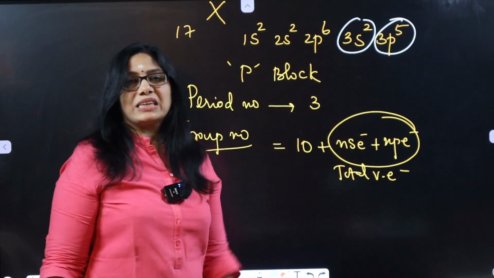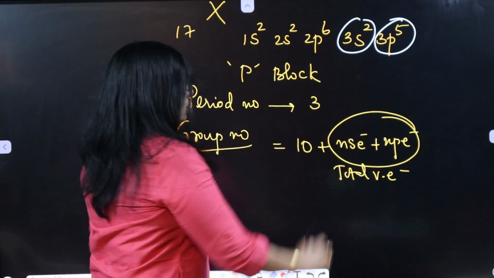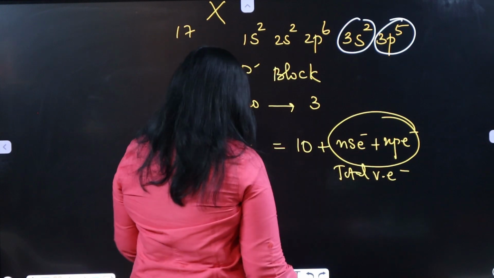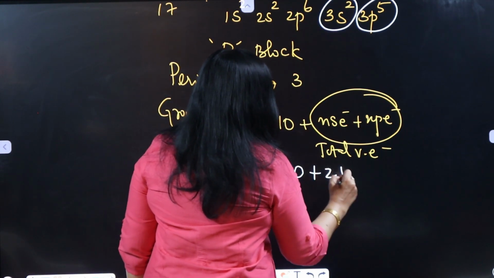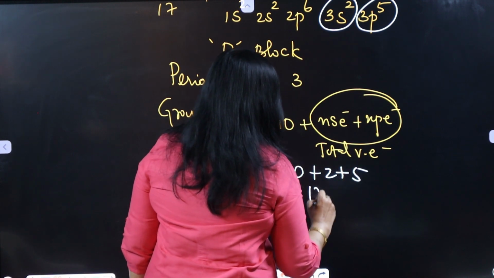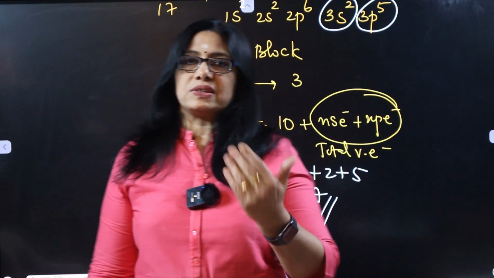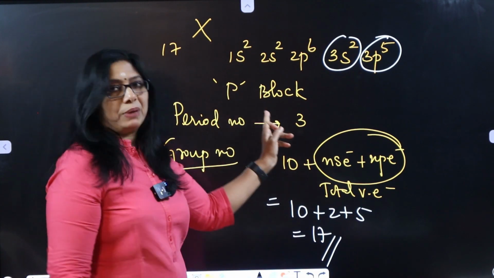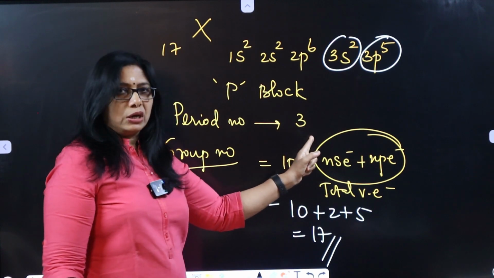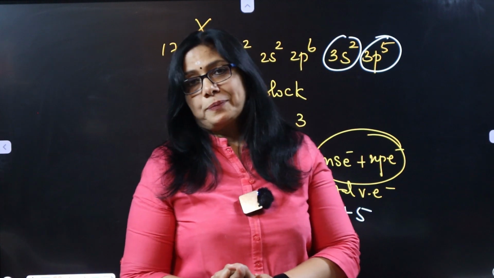So, total 7 electrons in the outermost shell. That is ns electrons 2, np electrons 5. So, it will be 10 plus 2 plus 5. It is in group 17. Now, what is the location of this element? It is a P block element belonging to third period and group 17. You know it's chlorine. Clear?